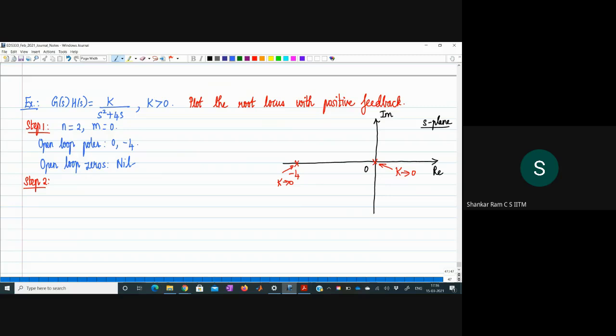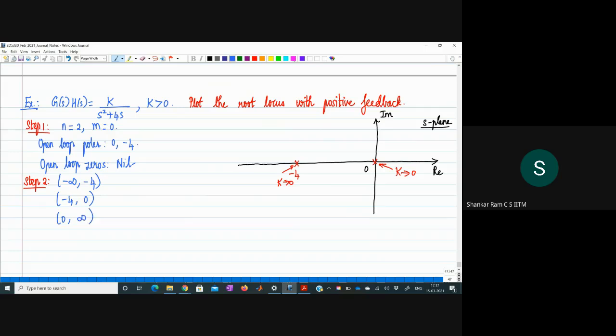Once again, we take test points in the various regions and then test them. You can immediately observe that there are 3 regions formed by the open loop poles on the real axis. They divide it into minus infinity to -4, -4 to 0, and 0 to plus infinity.